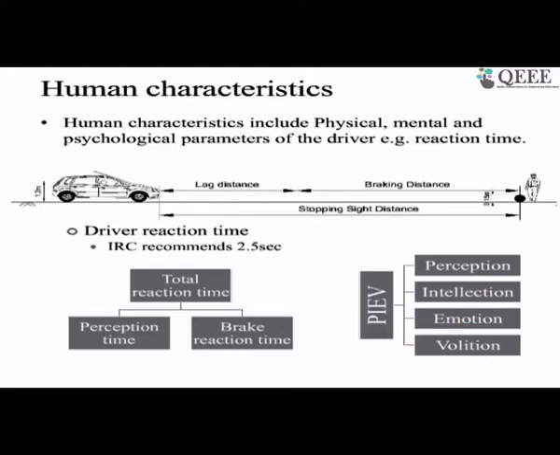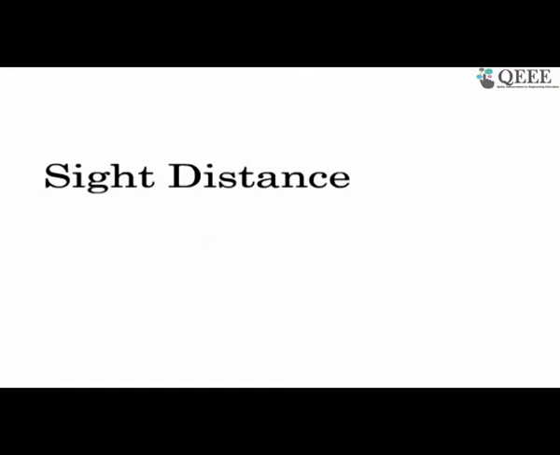We'll come to these details in a while. Once the human characteristic comes in, then the mechanical characteristic comes into place, which is the brake reaction, the braking process. So within this reaction, there is a human reaction and a mechanical reaction, and then the actual physical process, with which the vehicle is going to stop. So these are the very basic parameters through which the road is going to be designed.